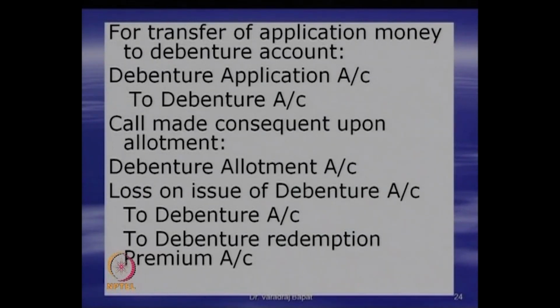What you should note is, along with the credit to debenture account, one extra account known as debenture redemption premium account is created. So when the debenture of 100 rupees is to be repaid, let us say at 106 rupees, that 6 rupees is known as redemption premium. It is credited to an account known as debenture redemption premium account.